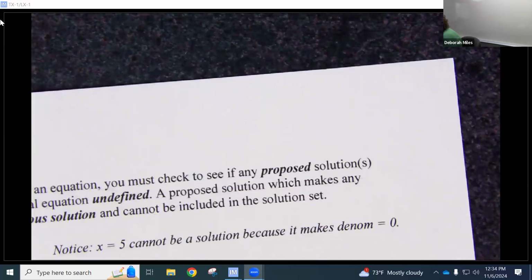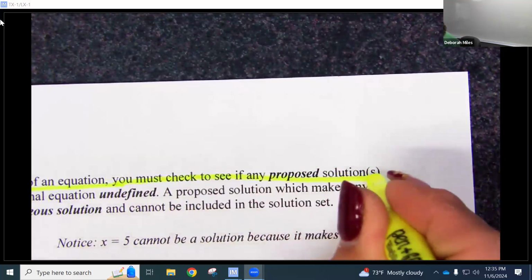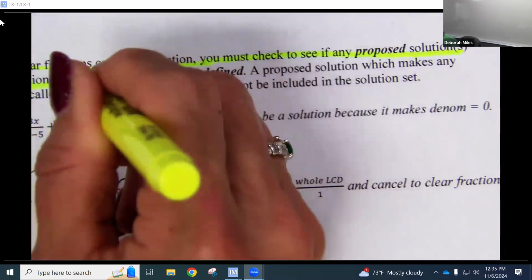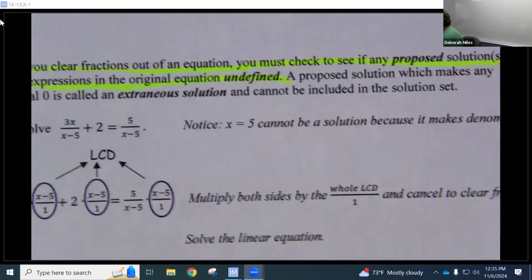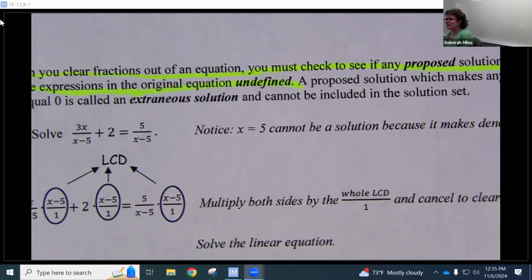One big caution before we look at these last 2 examples. When you clear fractions out of an equation, you must check to see if any of the proposed solutions make any of the original expressions undefined. And what do I mean by that? What makes a fraction undefined? Give me an example of a fraction that if I saw it, I would write, that's undefined. 7 over 0 or 10 over 0, anything over 0.